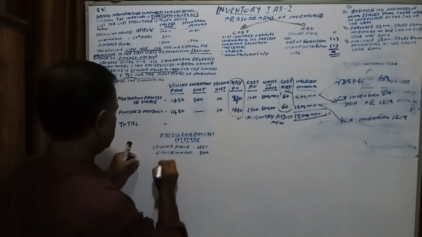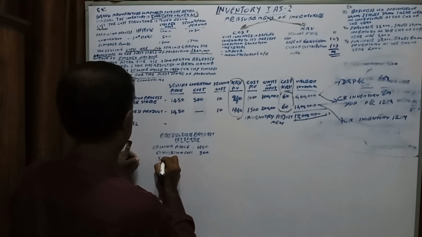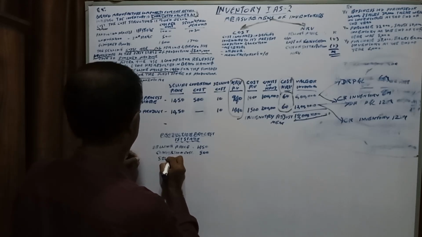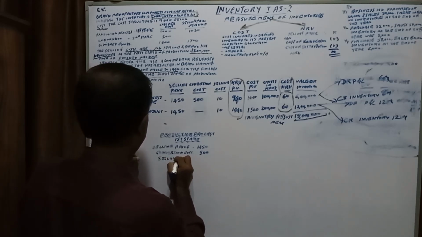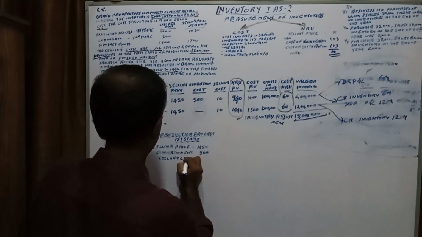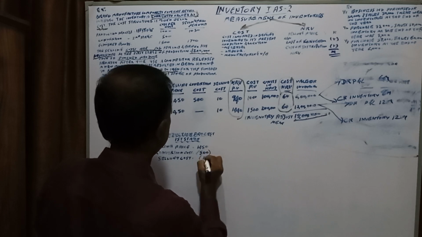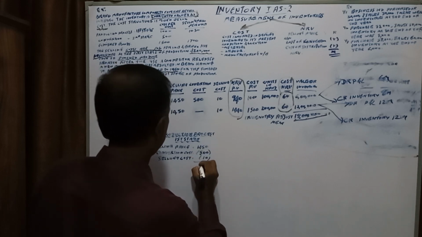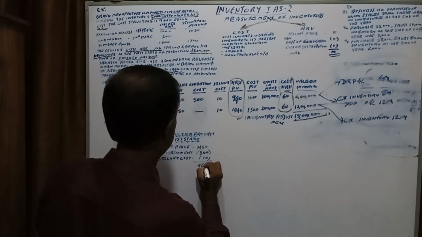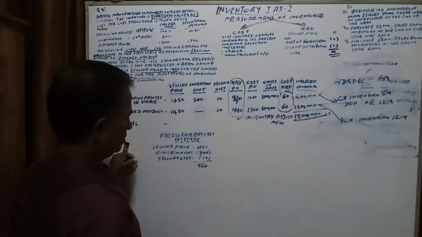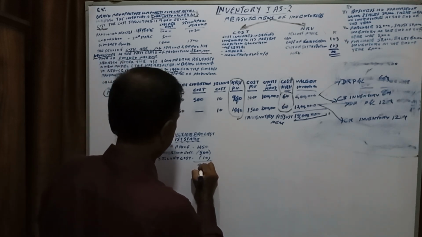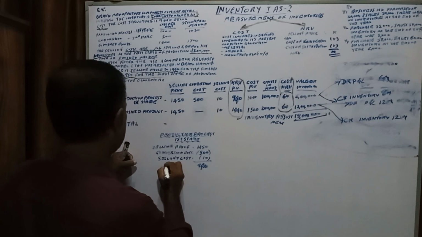And selling cost, how much? 10. This has to be deducted. Then we will arrive at 940.